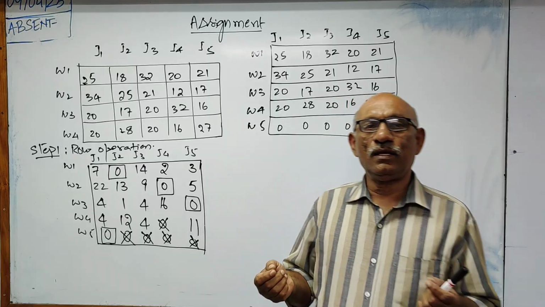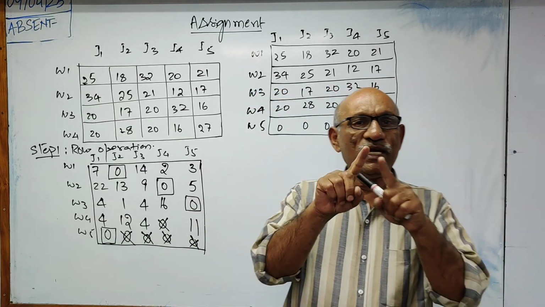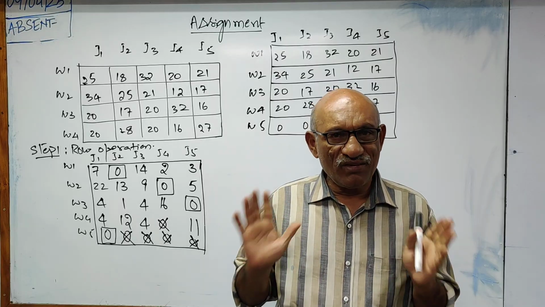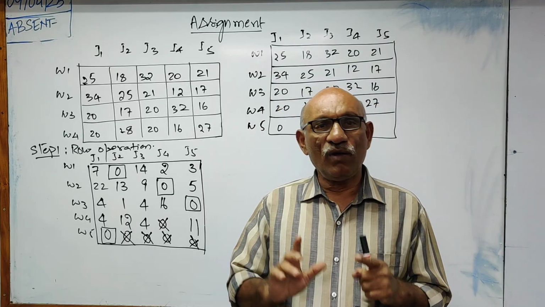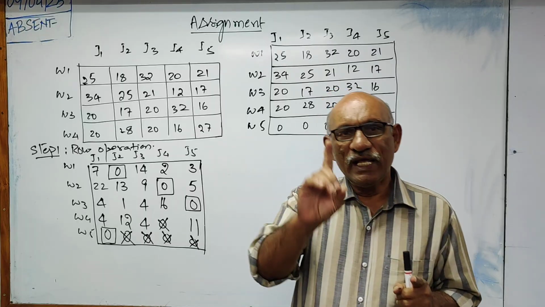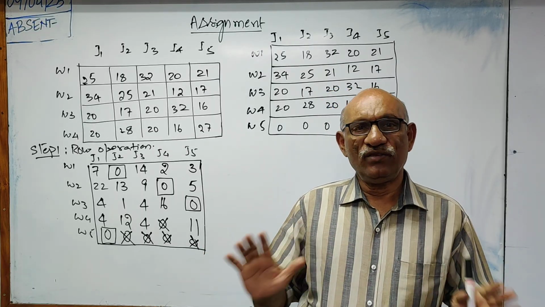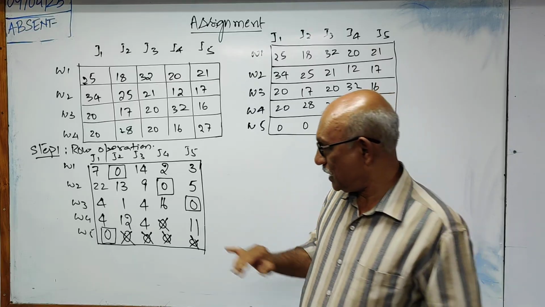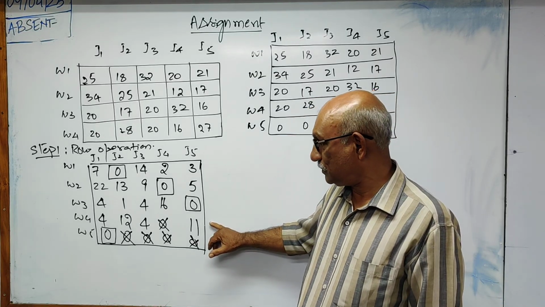When will I say the solution is an optimal solution? When each row and column has an assignment. When each row and column has an assignment, then only it is called an optimal solution. Otherwise not. Clear? Look at this. The fourth row does not have an assignment.